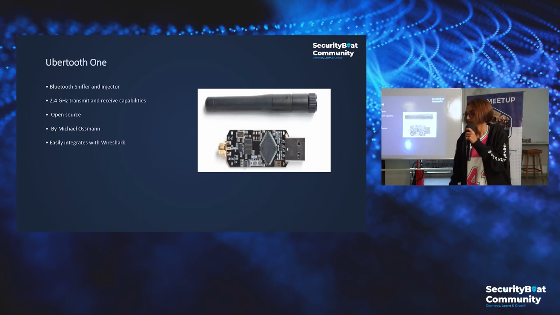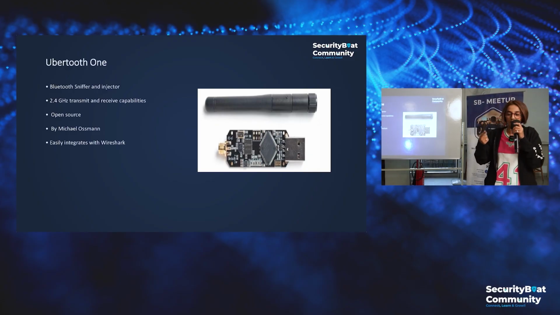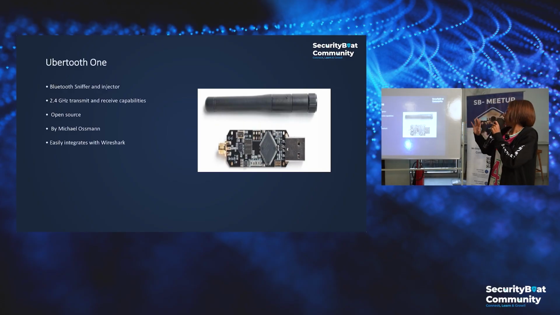Now tools. The classic, best tool is Ubertooth One. It's a sniffer and an injector, so any Bluetooth communication that is happening, it will sniff it and tell you. It can also inject fake messages. It uses 2.4 gigahertz transmitting and receiving capabilities.